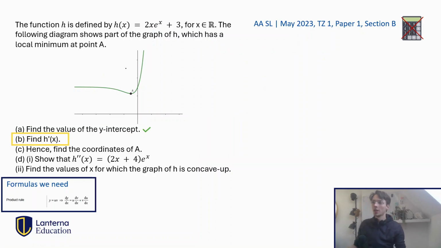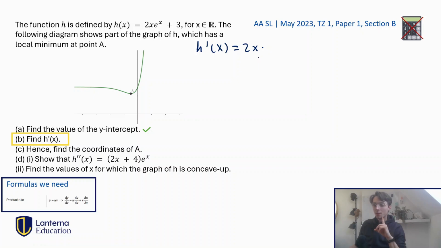Find h dash x. Differentiation. We've got two things multiplied right here, so we need the product rule once more. I will not write it out fully with u and v like I did before to save some time, but if you feel like you need it, go right ahead. First, 2x not differentiated times e to the power of x differentiated.